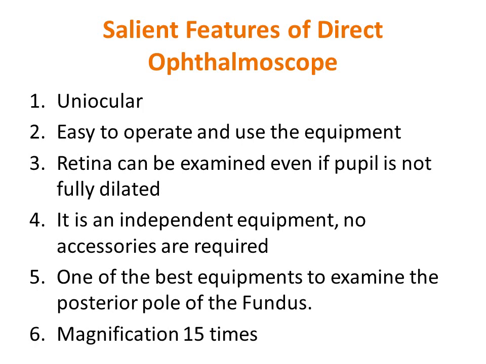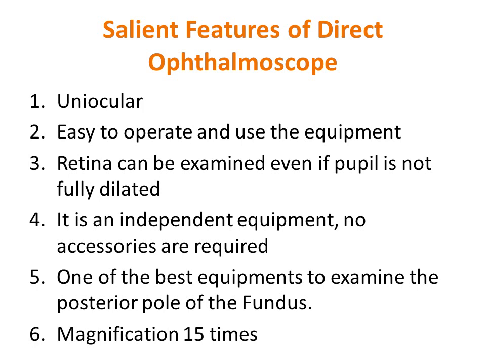So now, after knowing everything about the direct ophthalmoscope, we will try to summarize its salient features. Firstly, you must remember that it is a uniocular equipment. Only one eye is used to examine the patient's eye.